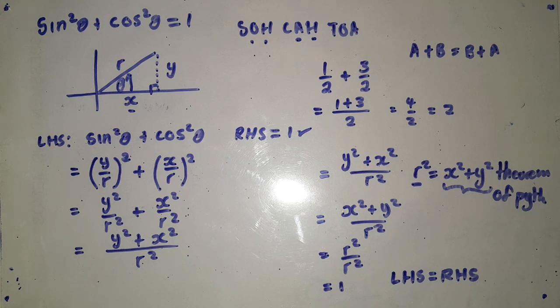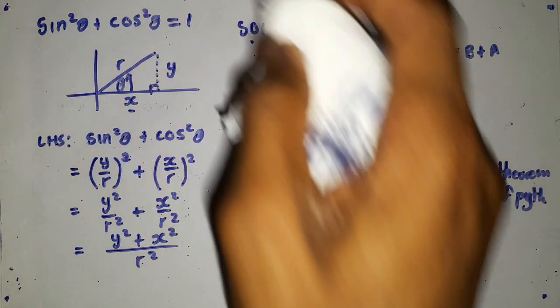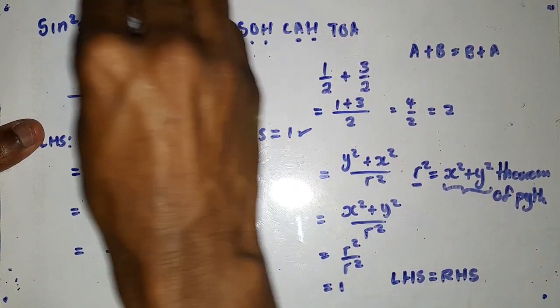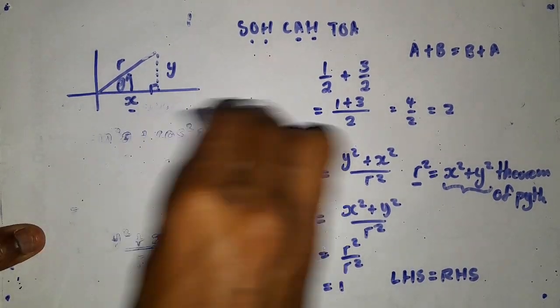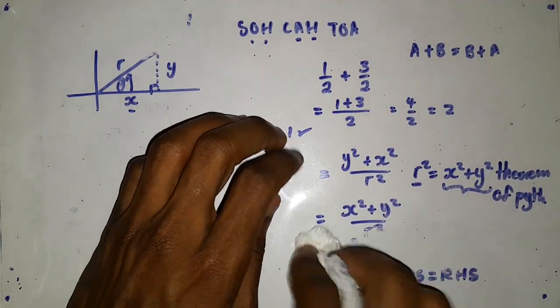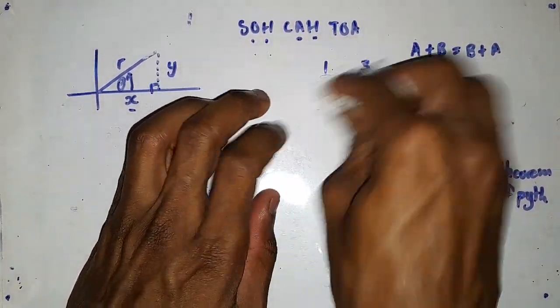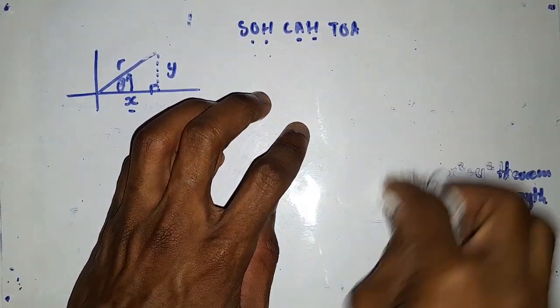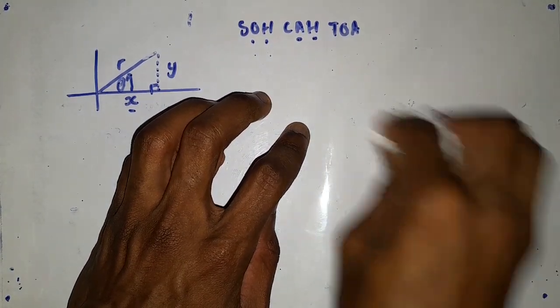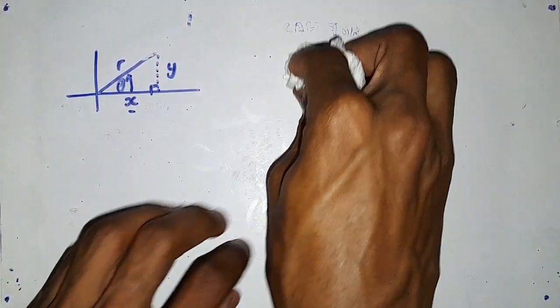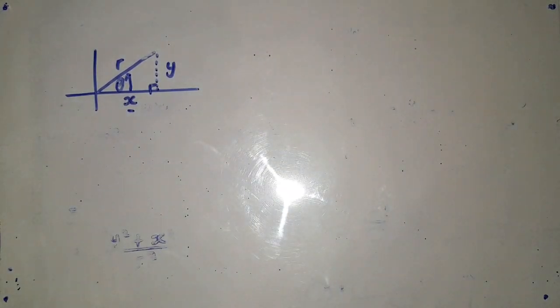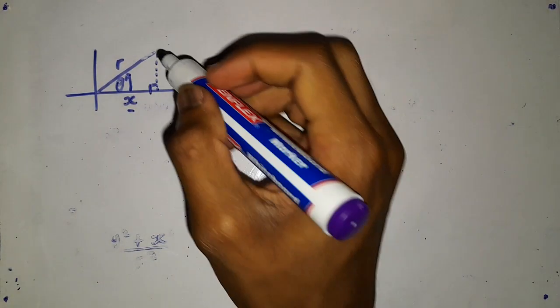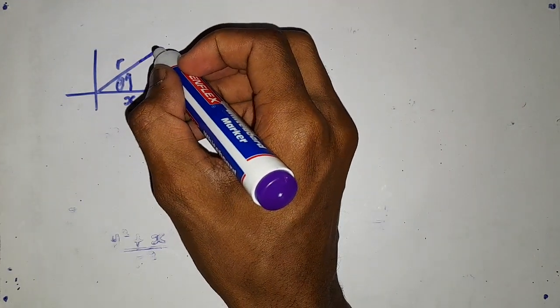Now, let us try the quotient identity. Let me just erase this. I won't take long. I don't want to erase this diagram. Let me keep it.